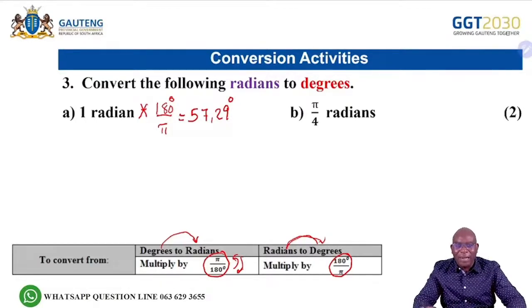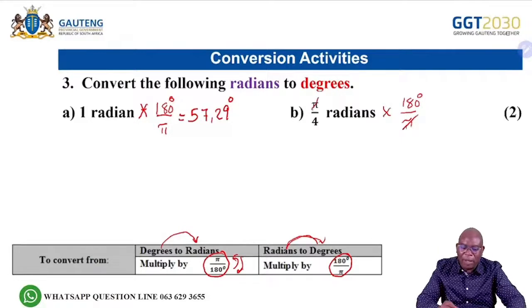Okay. Now I've got pi over 4 radians. I want to find how many degrees that will be. So what should I do? I do the same there. I multiply by 180 degrees all over pi. Nice, because the pi and the pi cancel out. So I'm just dividing the 180 degrees by 4. And obviously that will be easy for me. I'll get 45 degrees.